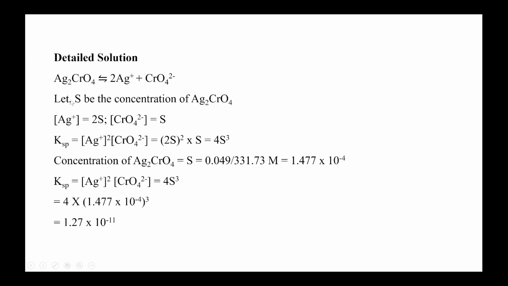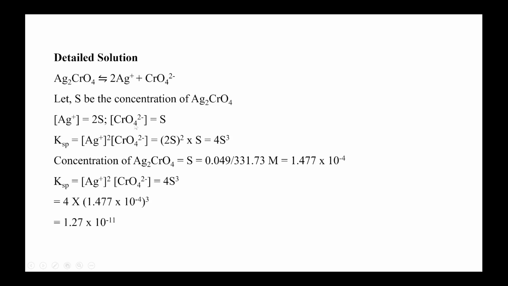Now let S be the solubility of Ag2CrO4. So if the solubility of Ag2CrO4 is S, now 1 mole of Ag2CrO4 is giving 2 moles of Ag plus. That means for S concentration, the concentration of Ag plus ion would be 2S, right?